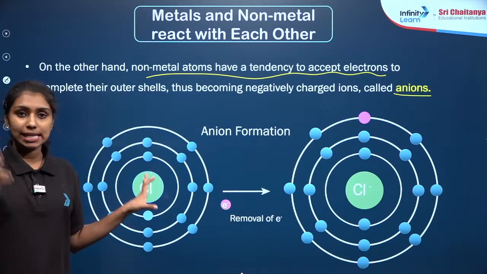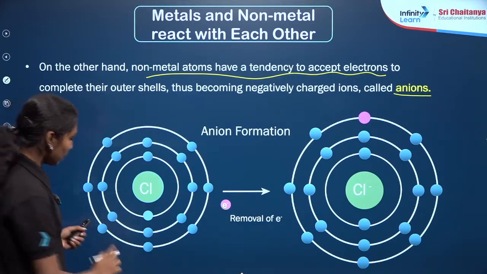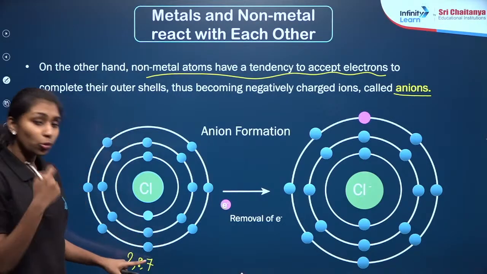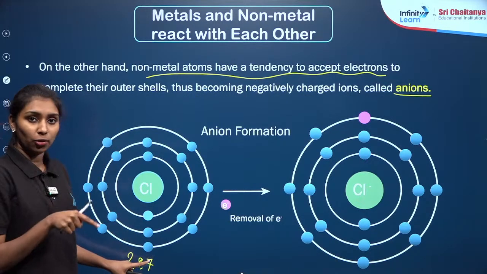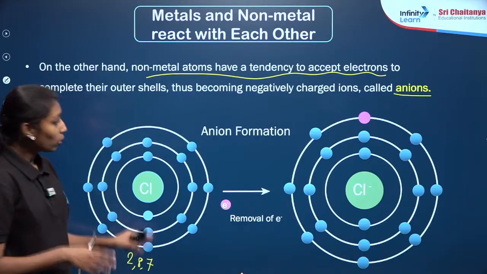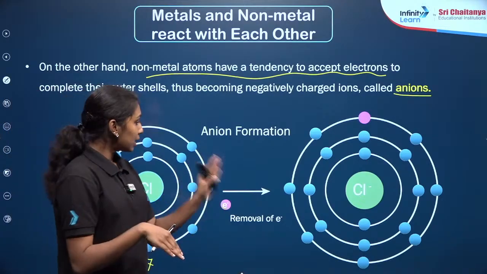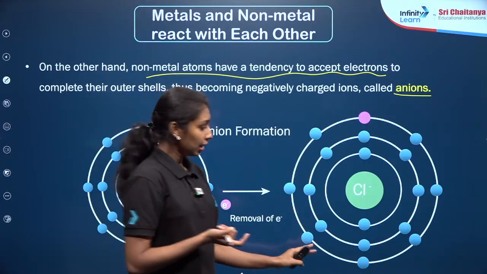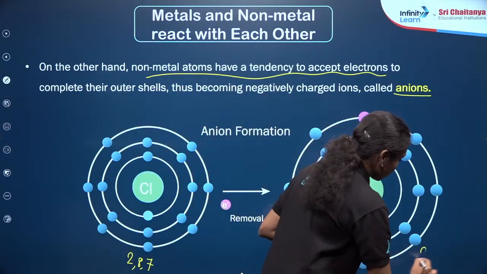Here I am taking Cl, the chlorine atom, right? Its configuration is 2,8,7. In order to attain stability, it needs one electron in the outer orbital. So the electron lost from the sodium gets accepted by the chlorine atom to form the Cl minus ion. Clear? That's why it is forming 2,8,8.